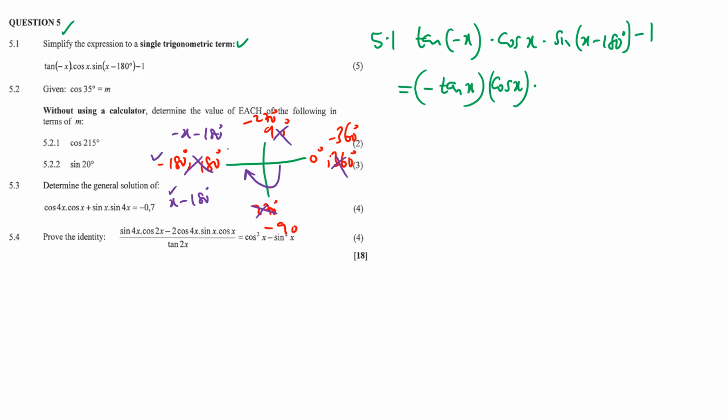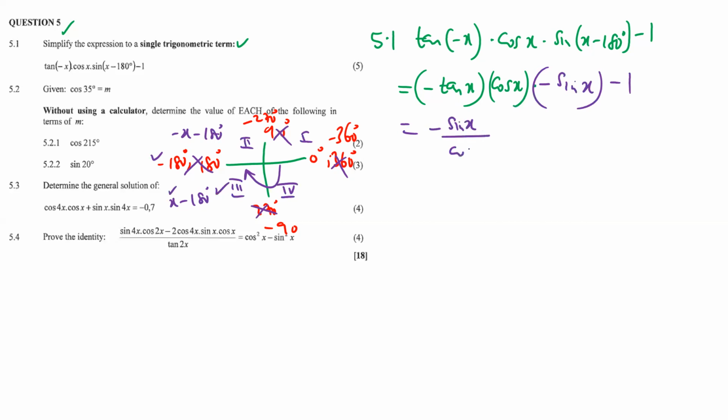In the same way, you can say here, so yeah, I'm interested in this one. So this is quadrant 1, this is quadrant 2, this is quadrant 3, and this is quadrant 4. So the x minus 180 is in quadrant what? Is in quadrant 3, and there the sign is negative. Negative sine x minus 1. Minus tan x. Oh, we can change the tangent to sine and cosine.